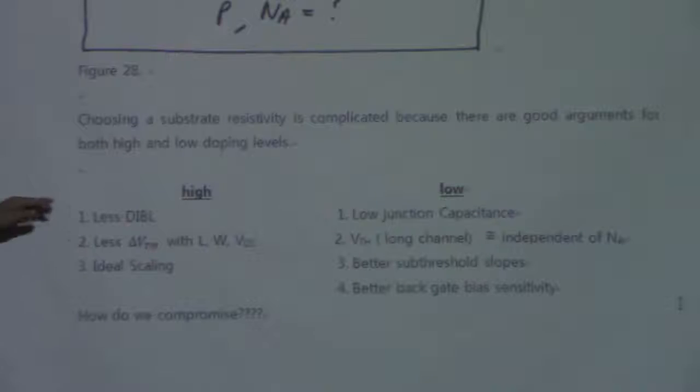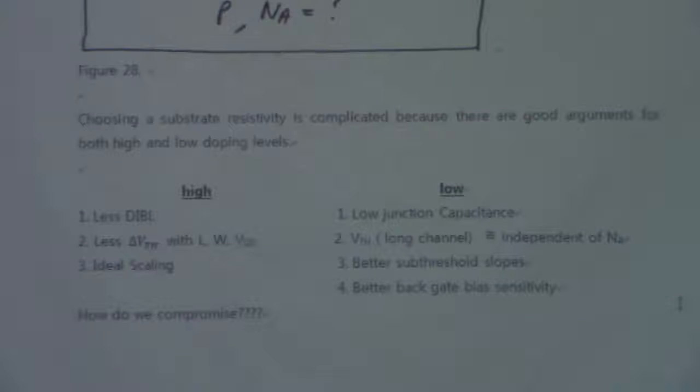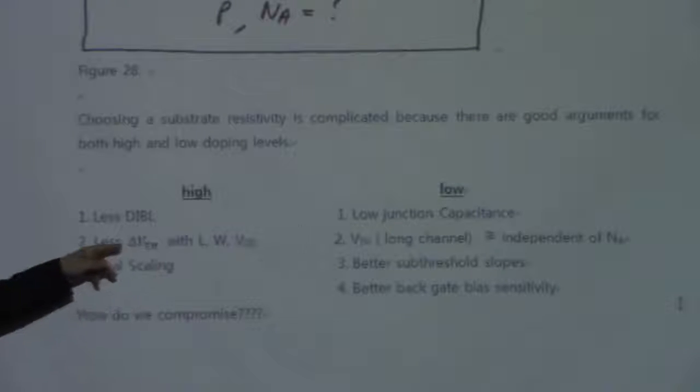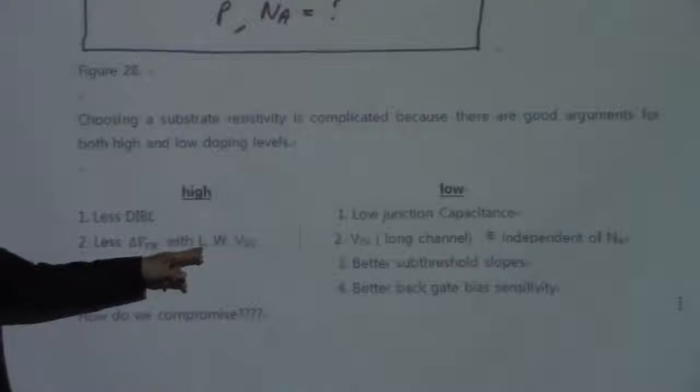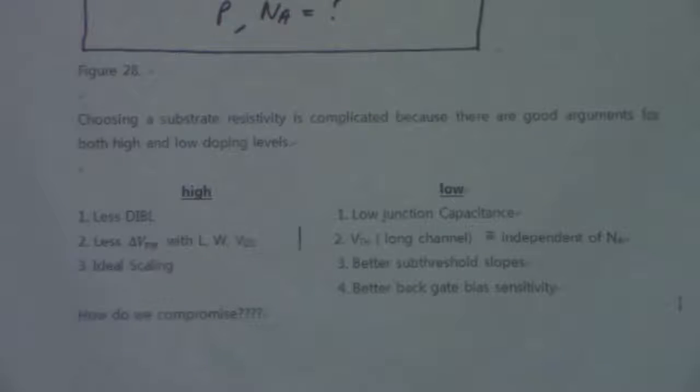But we have a lesser effect if we have a high doping level of the substrate, and then we have less sensitivity of threshold voltage to the geometric things, and drain voltages as well. And then it is beneficial for the ideal scaling if you have a high dopant concentration.